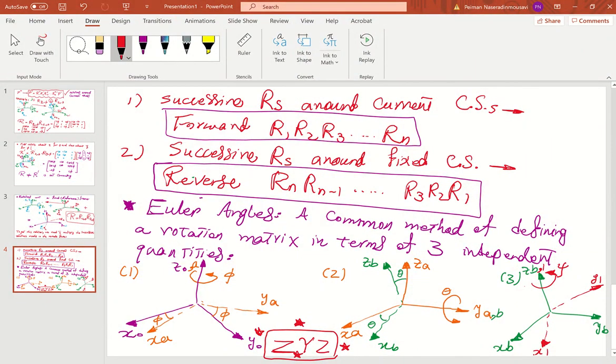Euler angles are consistent with which definitions? These definitions, because we are rotating around the current coordinate system. So the result must be forward Rz and phi, Ry and theta, Rz and psi. Understand? Clear? Because we are rotating based on the current axes, we have to implement this formula.